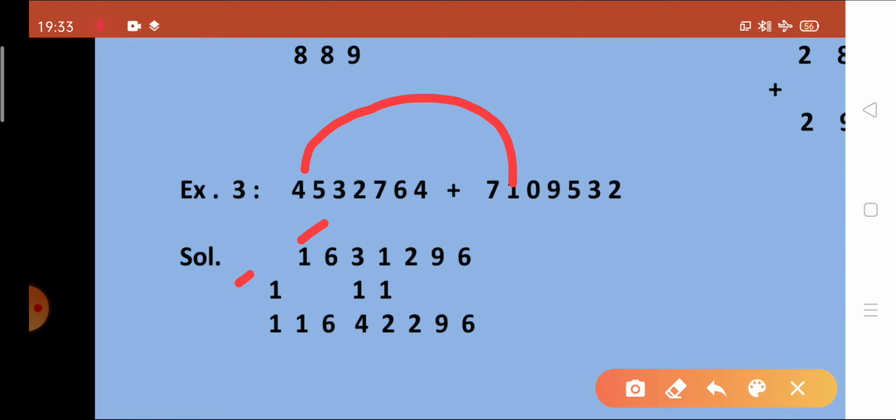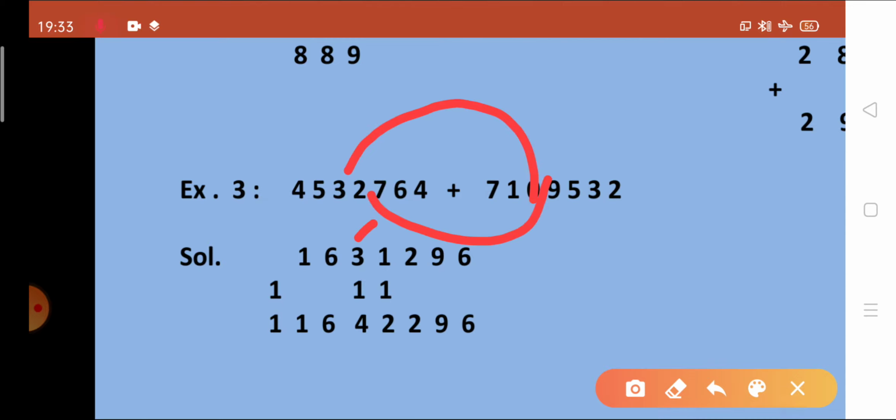Then 5 plus 1 is 6. Then 3 plus 0 is 3. Then 2 plus 9 is 11, so 1, carry 1 over here.